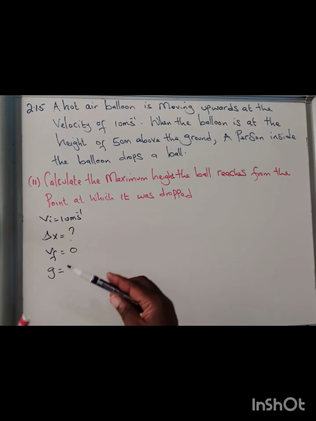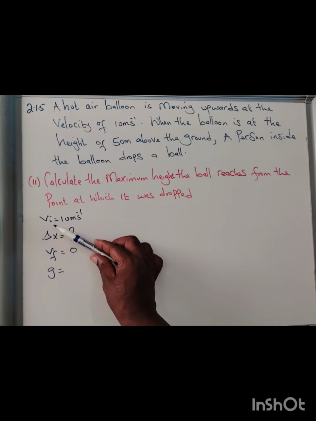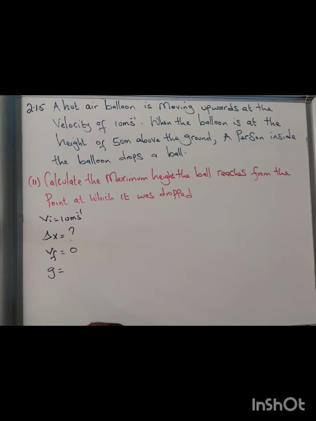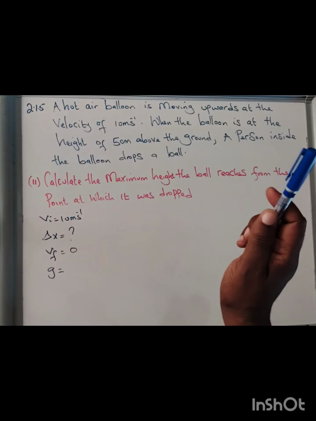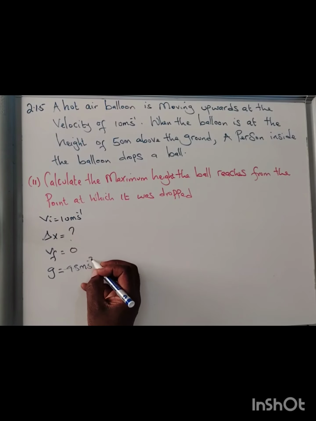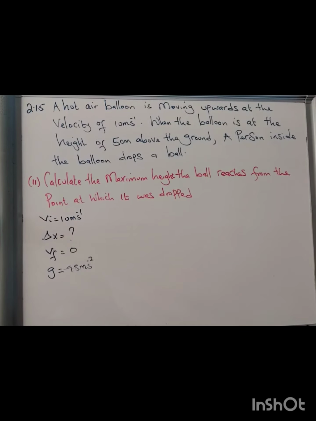I want you to recall that the moment you make your initial velocity of 10 meters per second positive and the ball is going upwards, it implies that you have made upward positive. You don't even have to indicate that. So what does that mean? That g, which is always acting downwards, is negative. So it's going to be negative 9.8 meters per second squared.